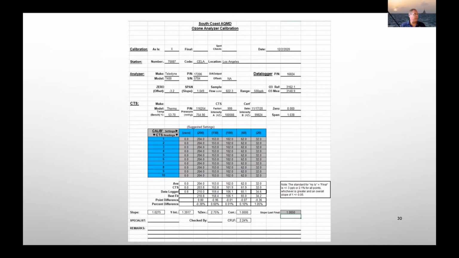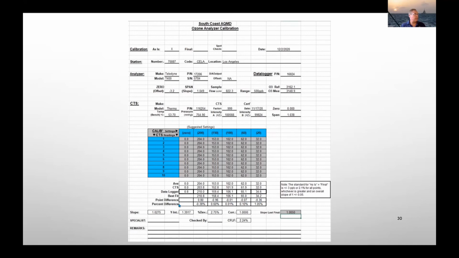And then we've got to do a number of statistical assessments here. The spreadsheet will calculate a best fit line based on the results from our instrument under test. And it will look at the point difference of each point from our best fit line.